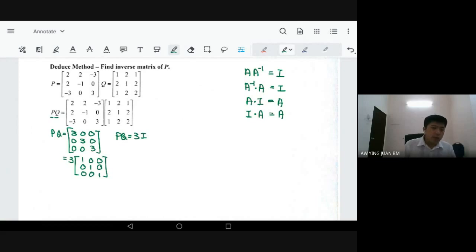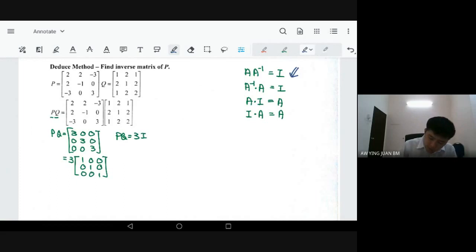Next, we are going to apply the deduce method. The question asks us to find the inverse of P. In order to find the inverse, try to make use of this situation, or we can say these properties, which you have to memorize or try to understand.